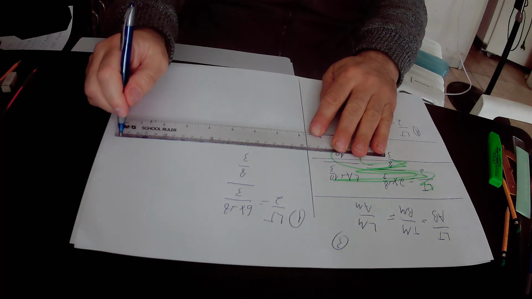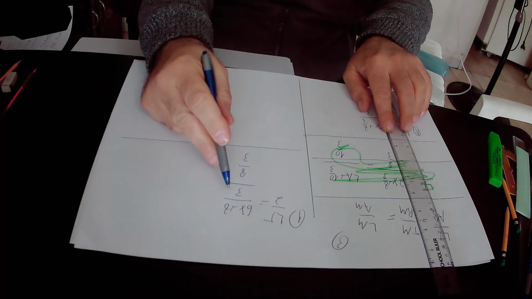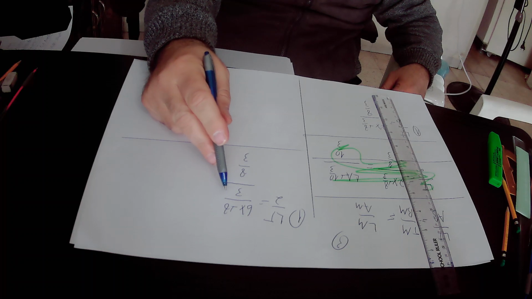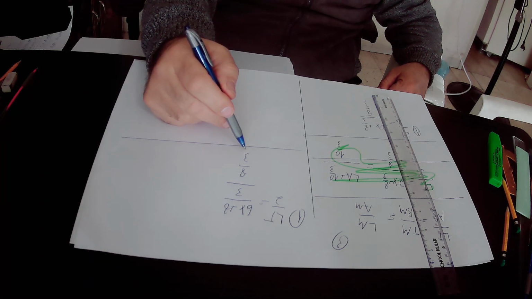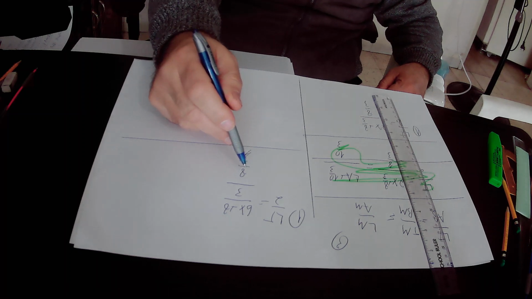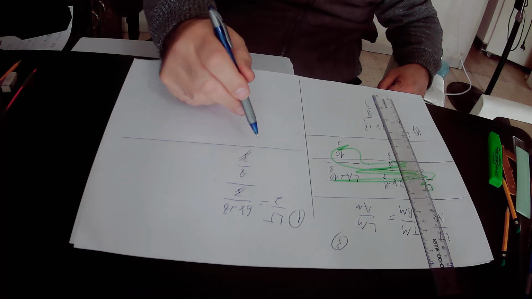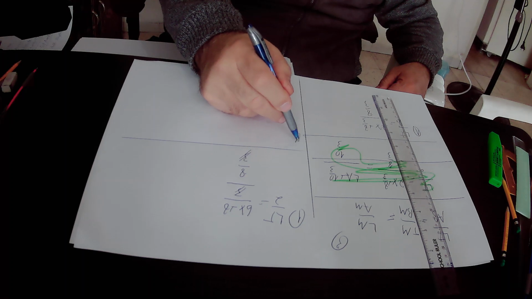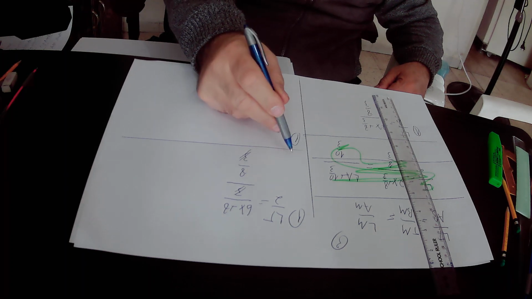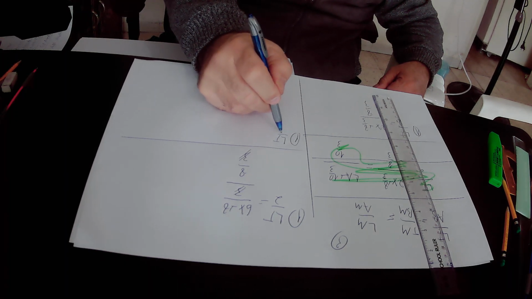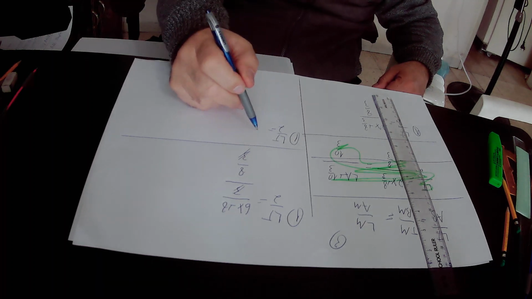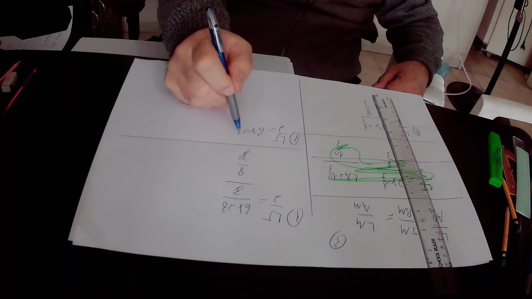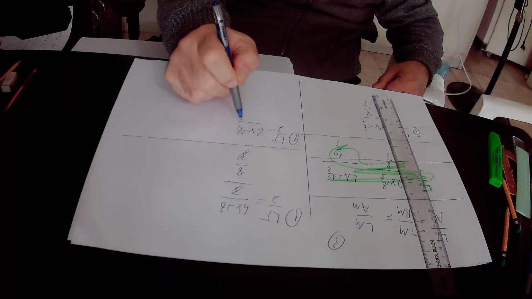We focus on this side of equation 1. Here we have 3 in the numerator and 3 in the denominator, so 3 gets cancelled. What is left after we cancel 3? We have LT over 2 equals 6x plus 8 over 8.